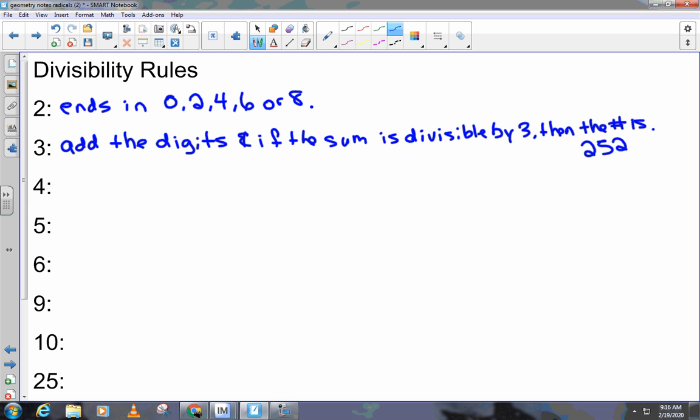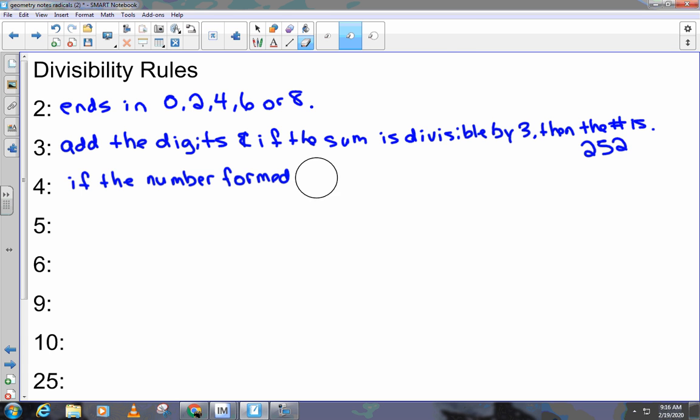All right. What about the rule for 4? This one you may not remember. Oh, very good. If the number formed by the last 2 digits is divisible by 4, then the entire number is divisible by 4.